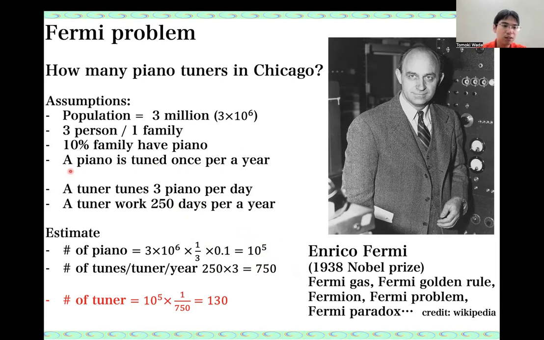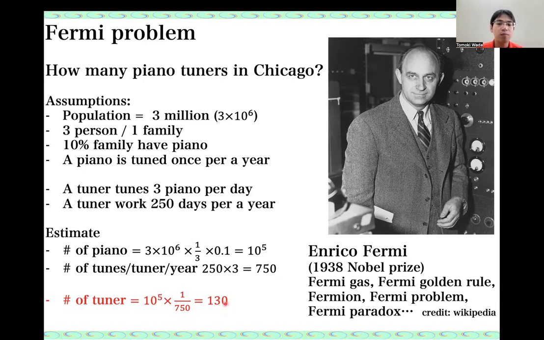Just dividing this value by this value, we can estimate the number of tuners in Chicago. It's about 100. This is a very, very rough estimate, and I'm not sure whether the answer is about 10 or 1,000, but we can expect the true value is not so different from this.